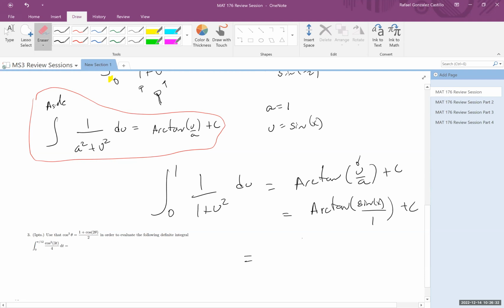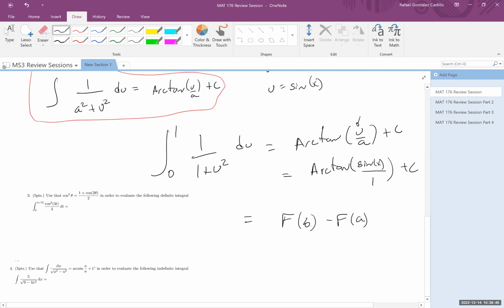Before I write arctangent, remember that the fundamental theorem of calculus says that to evaluate a definite integral, you do f of b minus f of a. So that's what I'm going to do now. I'm going to plug in b, which is pi over 2, into sine of x, and 0 for x in sine of x as well.